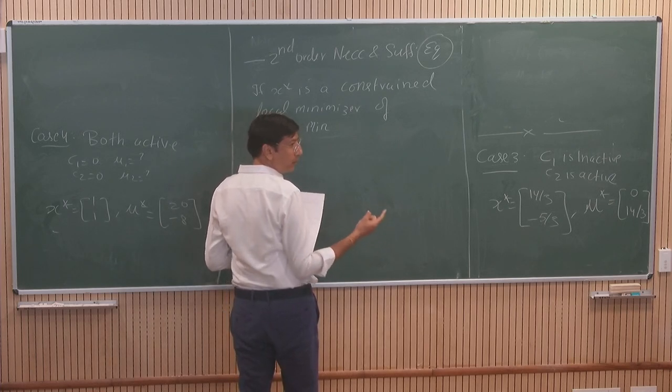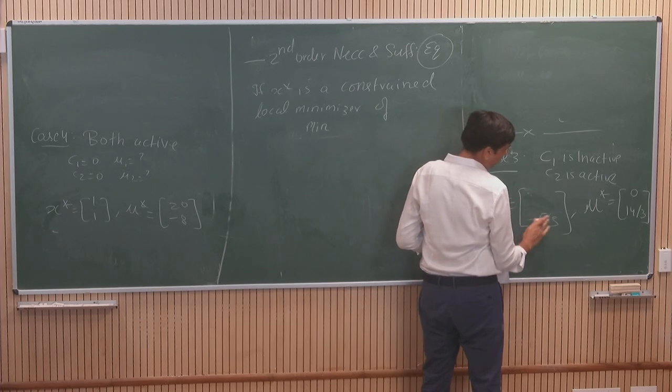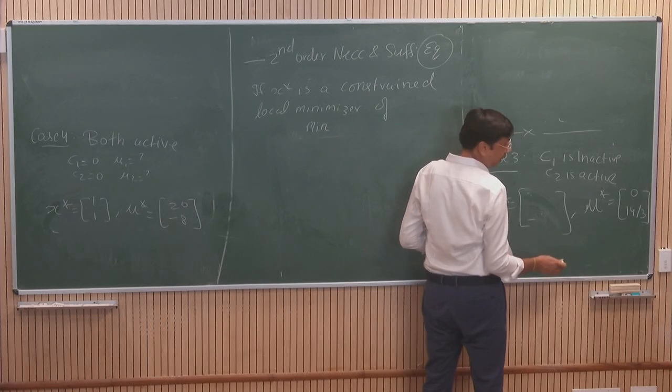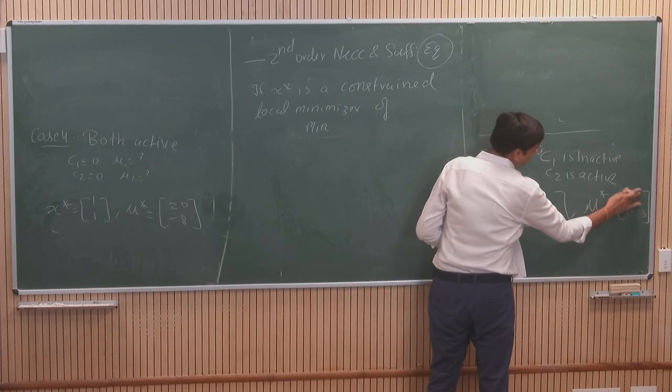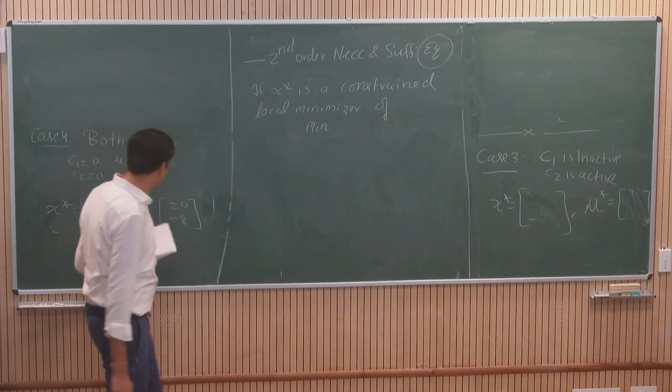Is everybody getting that? Yes, sir. So is it a candidate for minimizer? Why not? C1 is C1. So I think then I may have done it wrong. You can do this one also.